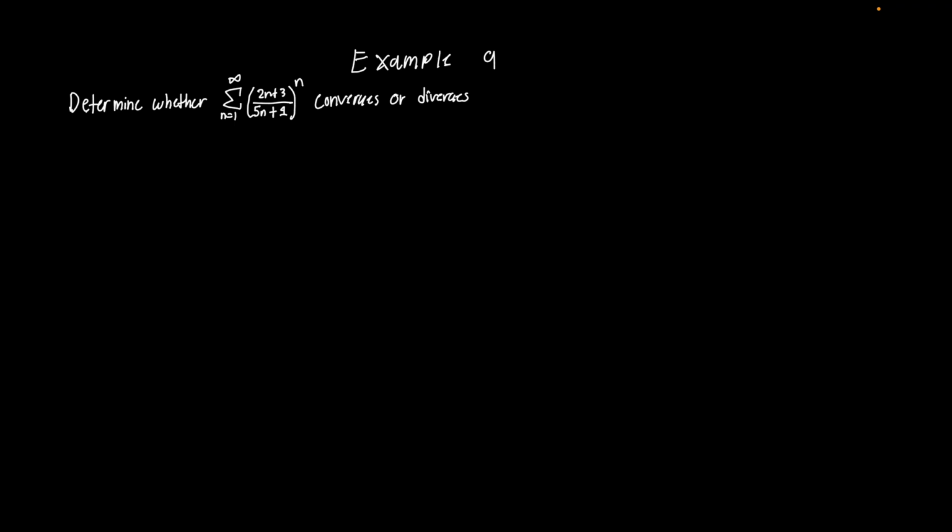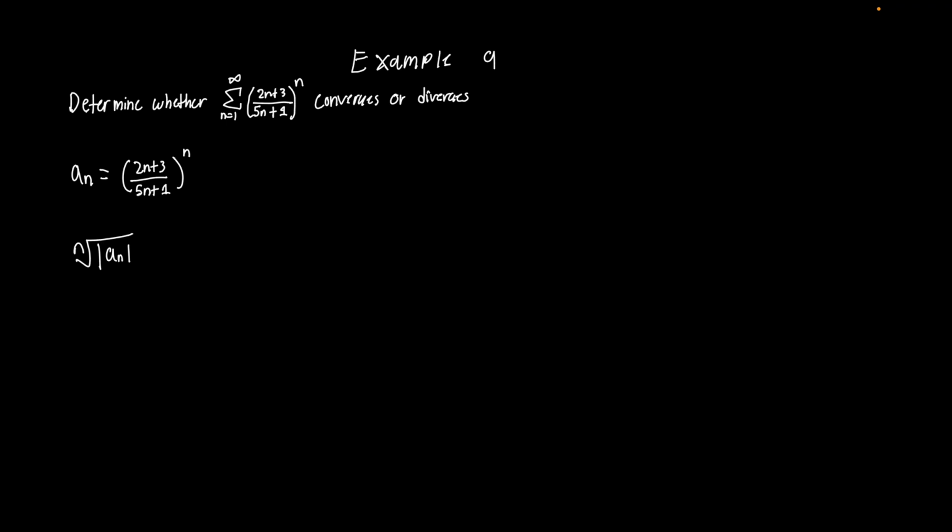Anyways, our term is going to be ((2n + 3)/(5n + 1)) all raised to the nth power. So we just have to take the nth root of the absolute value of this term. We don't really need to worry about the absolute value because this term is always positive, right?